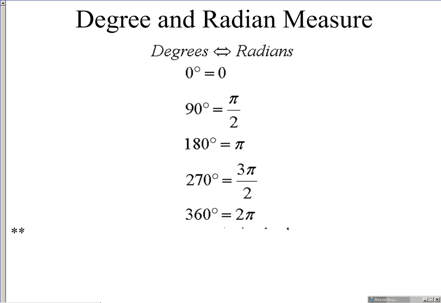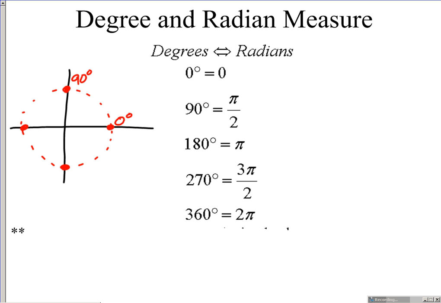So when we look at the coordinate plane, when we look at this circle, we know that this is 0 degrees, this is 90 degrees, 180 degrees, 270 degrees, and all the way back around is 360 degrees. In radians, we have pi over 2, pi, 3 pi over 2, and 2 pi.